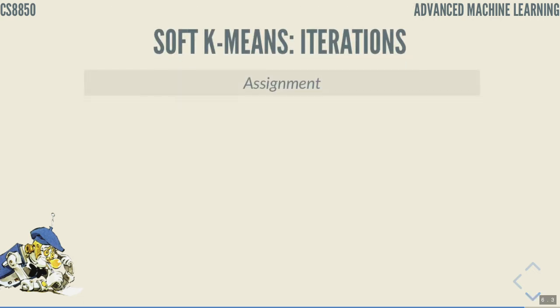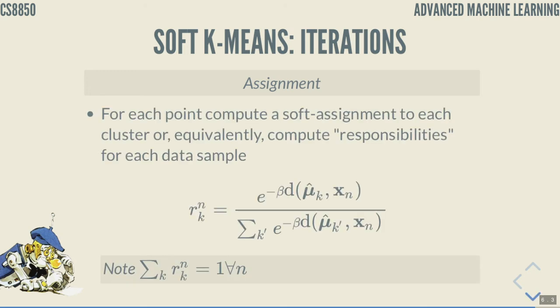So in soft k-means, the algorithm, at least the skeleton, stays exactly the same, and there is only one slight change with the soft assignment, because our responsibilities are now continuous. Here is how we define them.